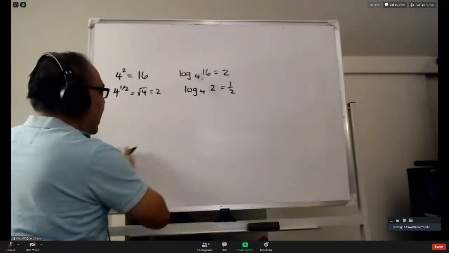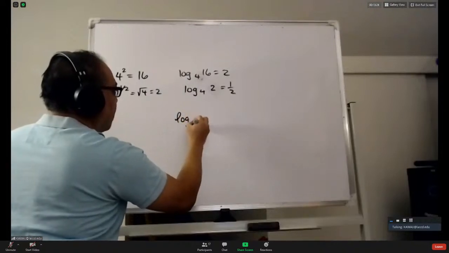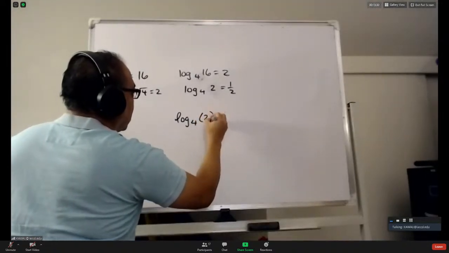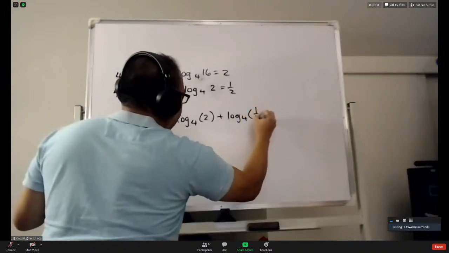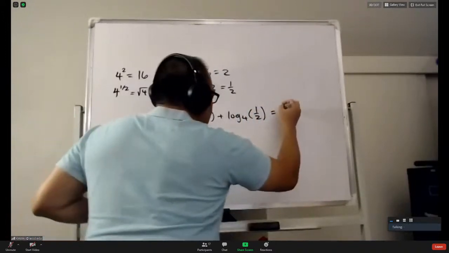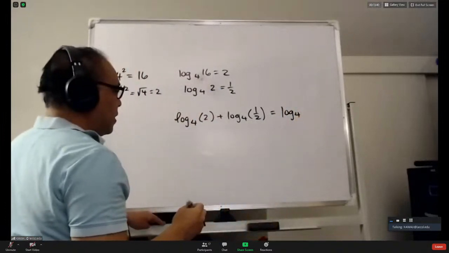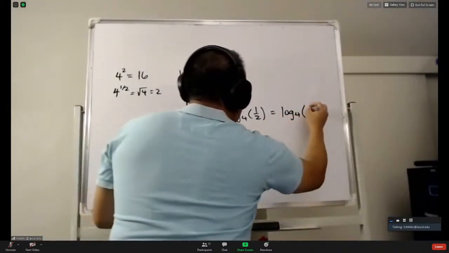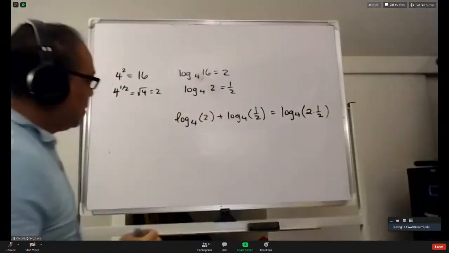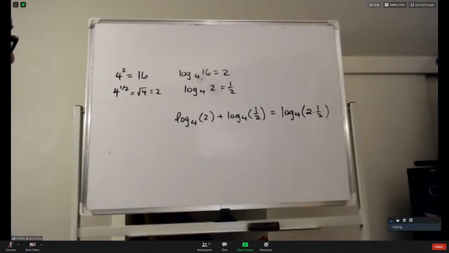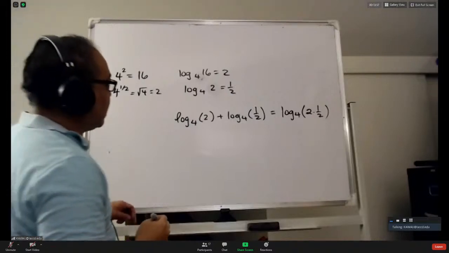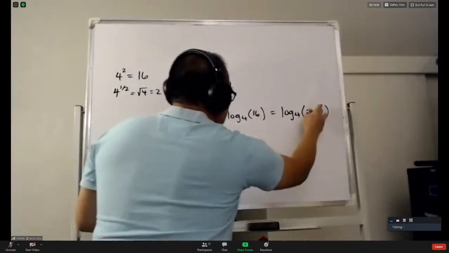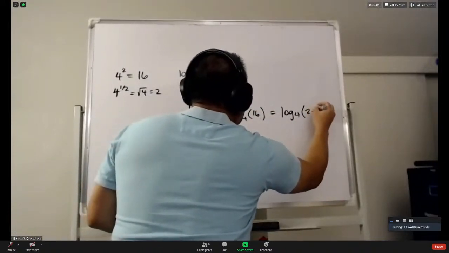So for example, log 4 of 2 plus log 4 of 16 is equal to log 4 of 2 times 16.